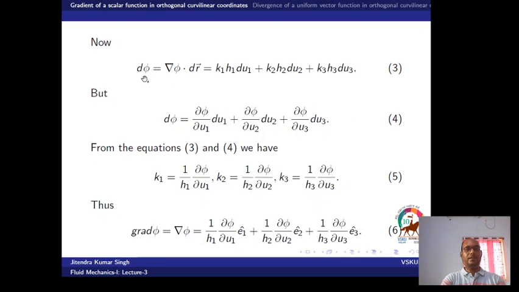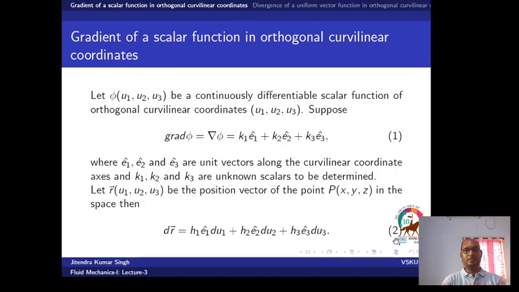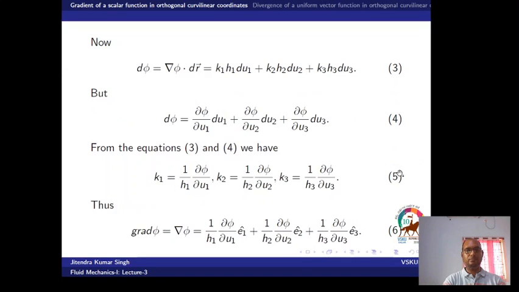Now d phi is equal to grad phi dot dr. So we shall take the dot product of equations 1 and 2. When we take the dot product, we get k1 h1 du1 plus k2 h2 du2 plus k3 h3 du3. But d phi is equal to dou phi by dou u1 du1 plus dou phi by dou u2 du2 plus dou phi by dou u3 du3.